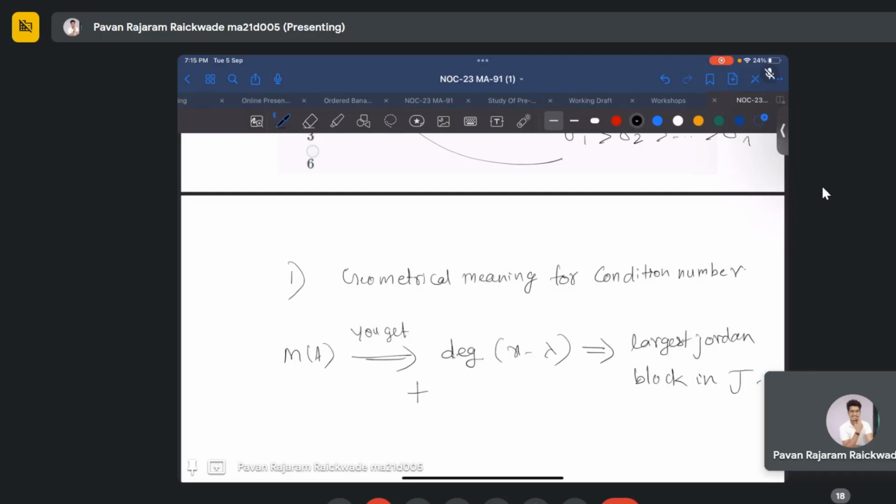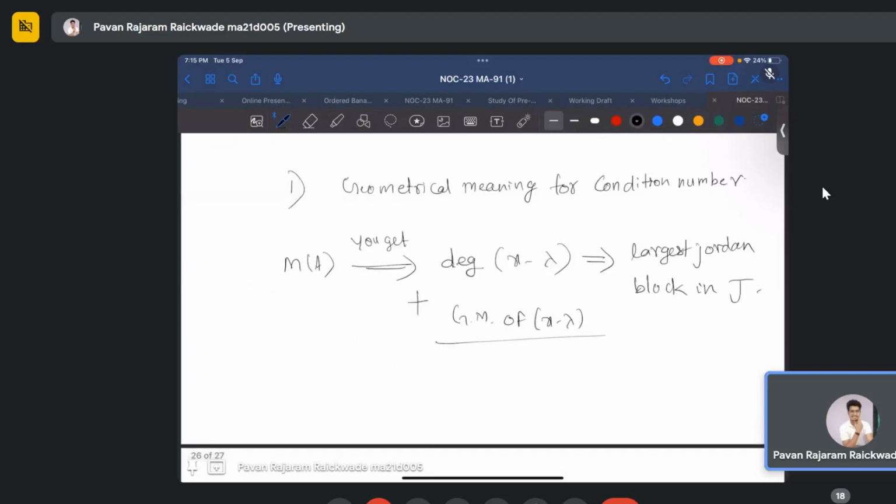Okay, sir. If I add this up with geometric multiplicities, then I have something, because then I know the total number of Jordan blocks, and I know the largest Jordan block. Yeah, but still there's a problem.